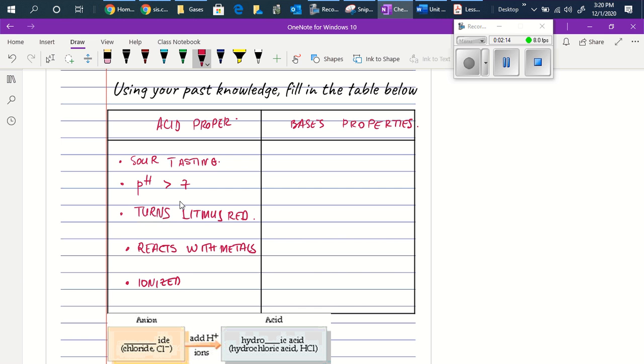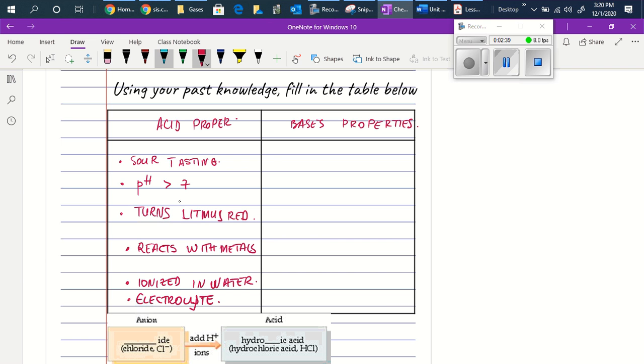We talked about this in dissociation and ionization. And they are electrolytes, so they are able to conduct electricity.